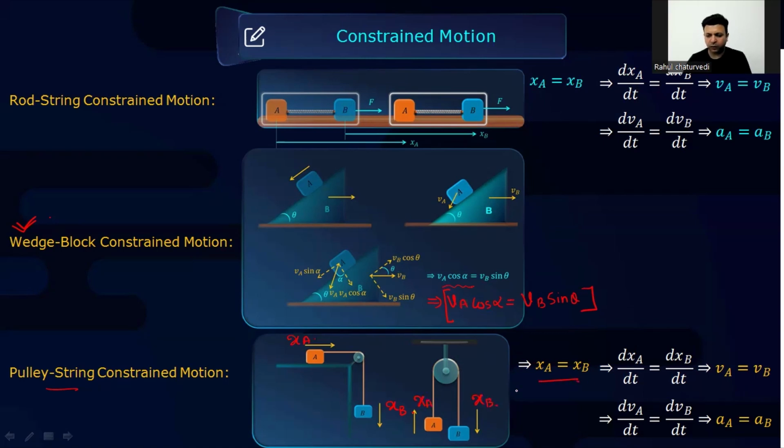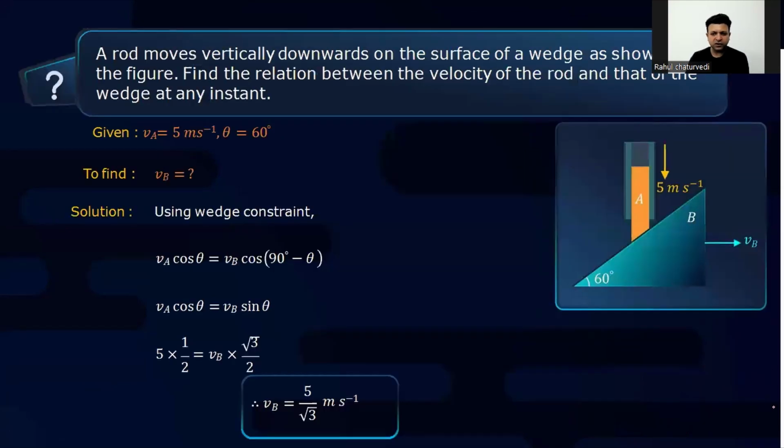So XA will be equal to XB. If you differentiate, dXA upon dt will be equal to dXB upon dt. That means VA will be equal to VB. If again you differentiate, you will get acceleration of A equal to acceleration of B. So this is all about constrained motion.